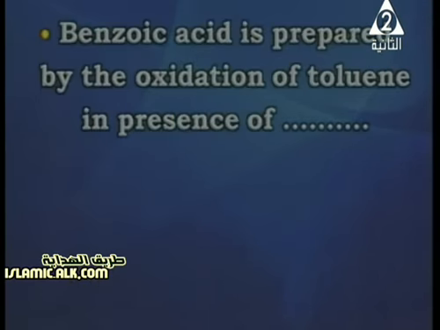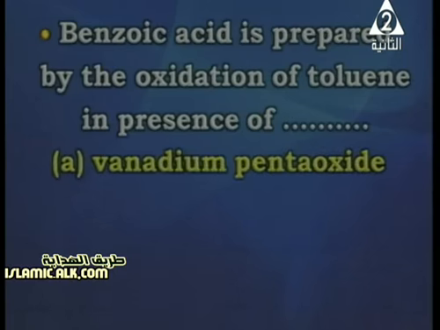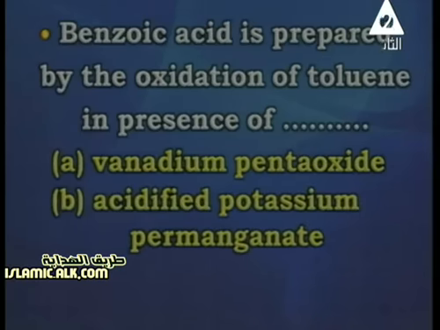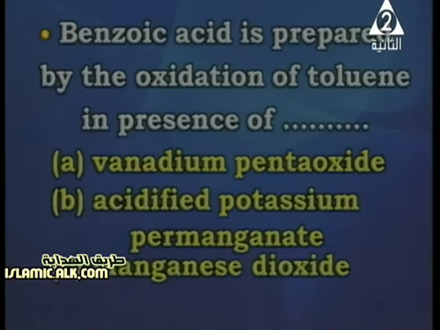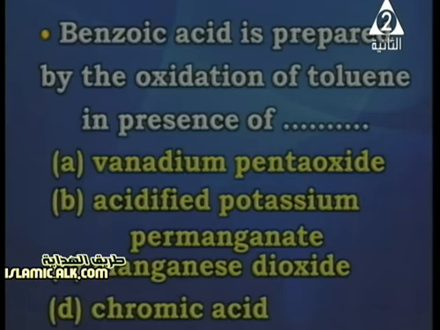Next point, benzoic acid is prepared by the oxidation of toluene in presence of vanadium pentoxide, acidified potassium permanganate, manganese dioxide, or chromic acid. If you think about it, my dear student, the answer will be vanadium pentoxide.